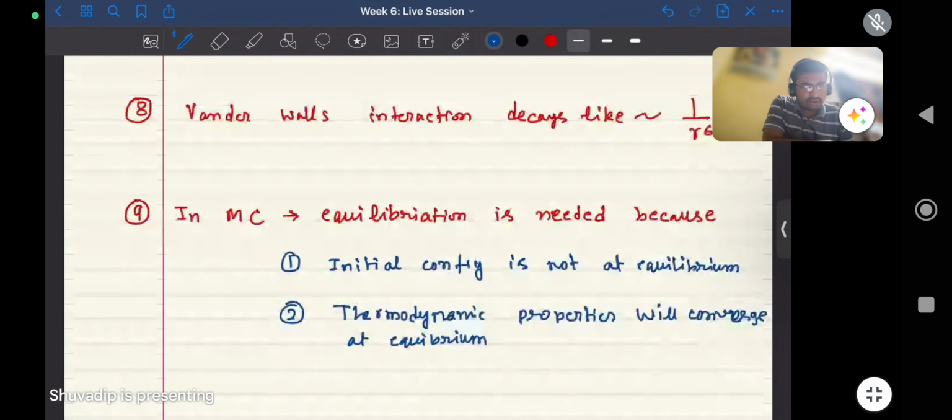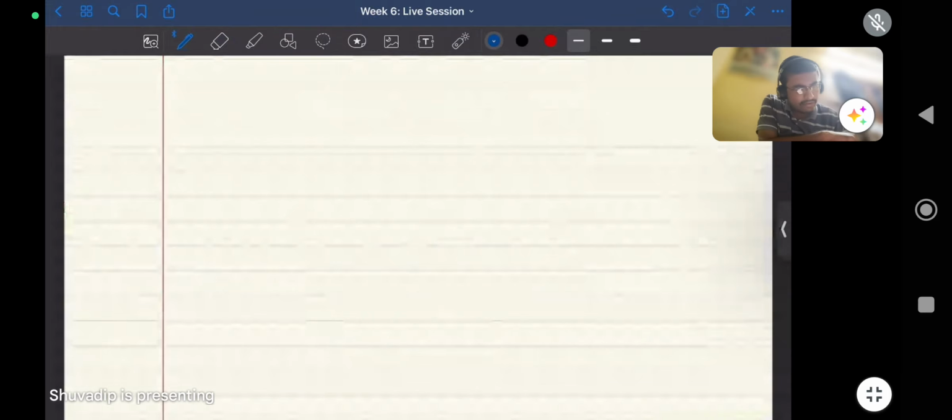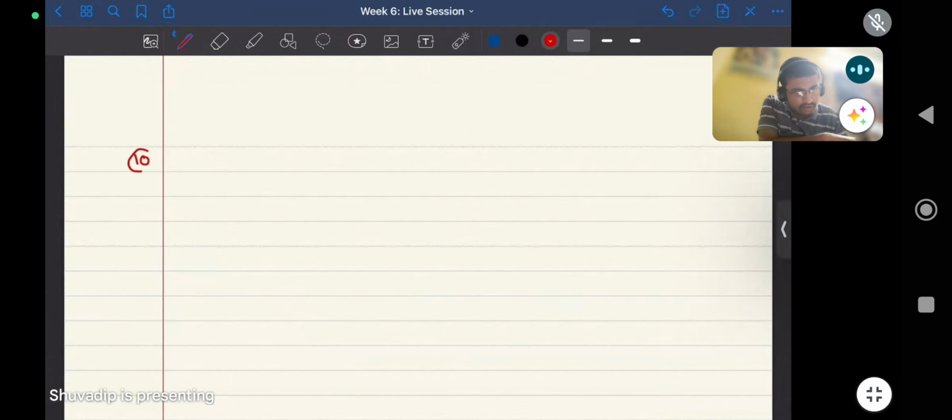Okay, last question. Question number 10. What are the steps of Monte Carlo simulation?